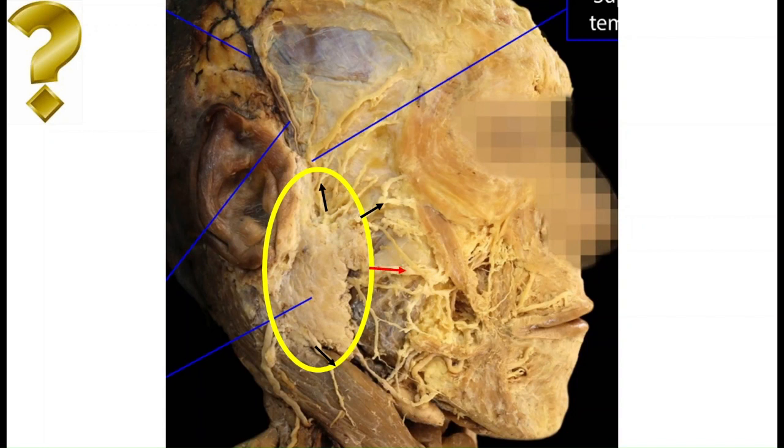And if you follow the red arrow, you can see that the duct of the parotid gland goes anteriorly, and it reaches the buccinator muscle and opens into the mouth. This parotid gland duct is called Stenson's duct.